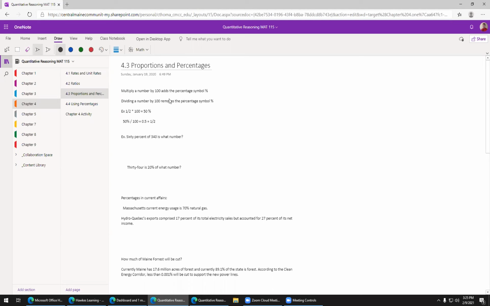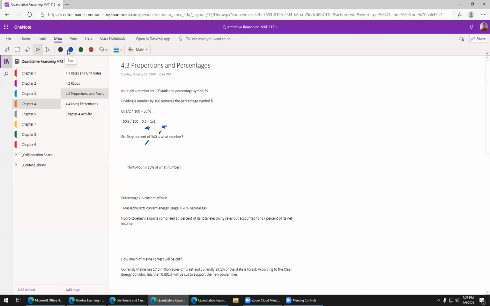And part of this is just wordplay. The word "of" means to multiply. And the word "is" means equals.